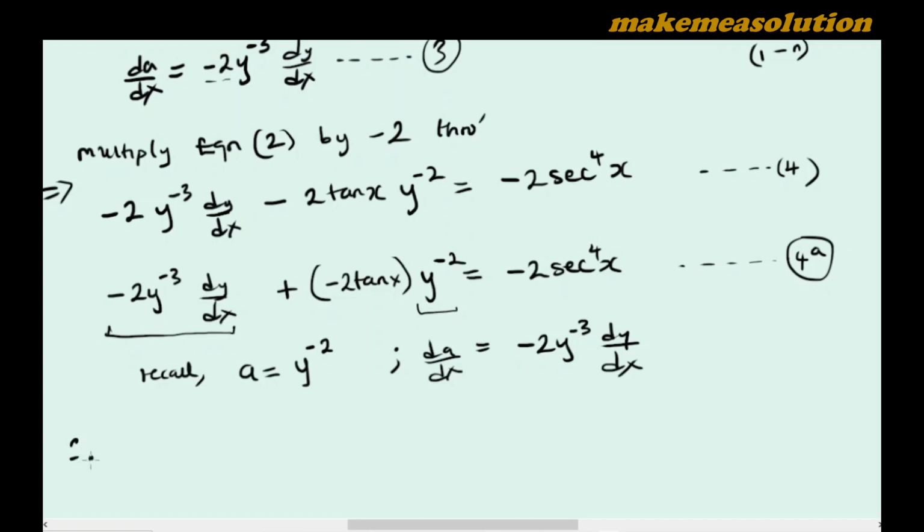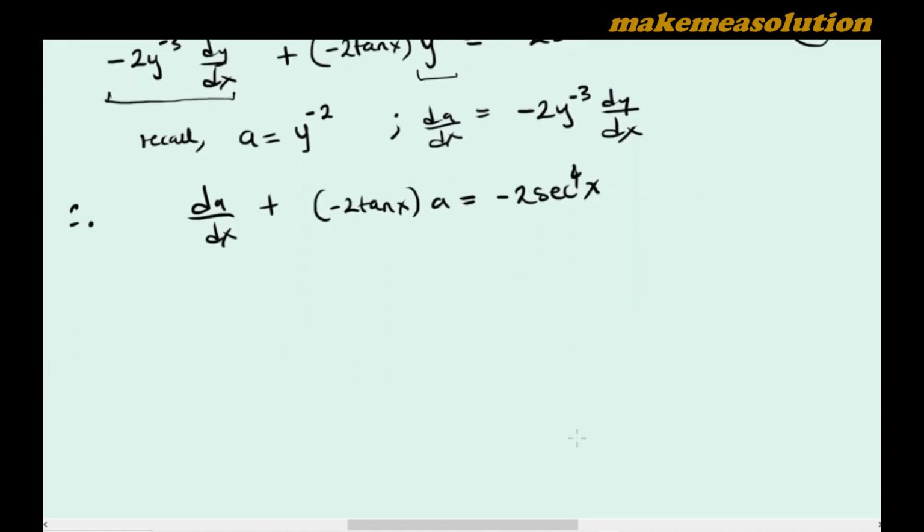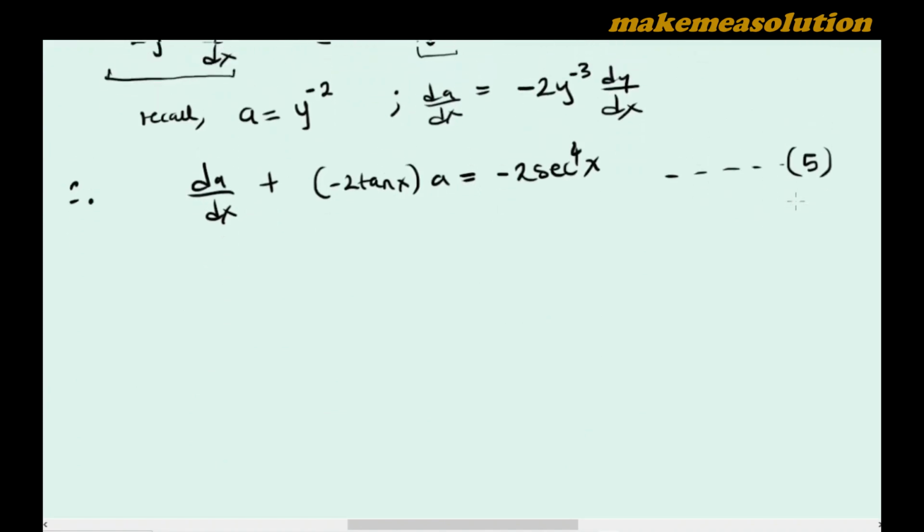So therefore equation 4a becomes dA dx plus negative 2 tan x, then instead of y to the minus 2 you have a, is equal to minus 2 sec 4x. Is that okay? So now we have converted this to a linear form in terms of a and x.